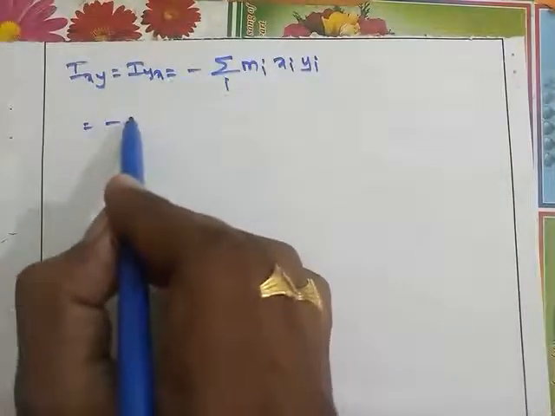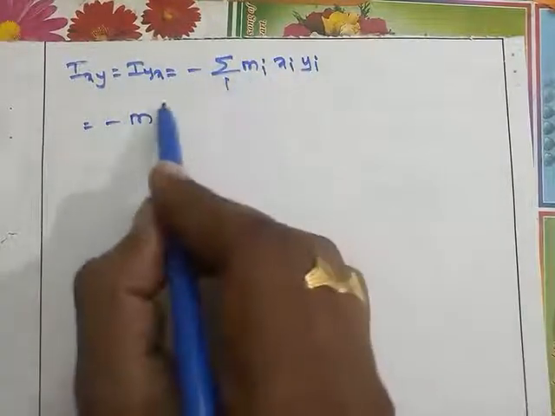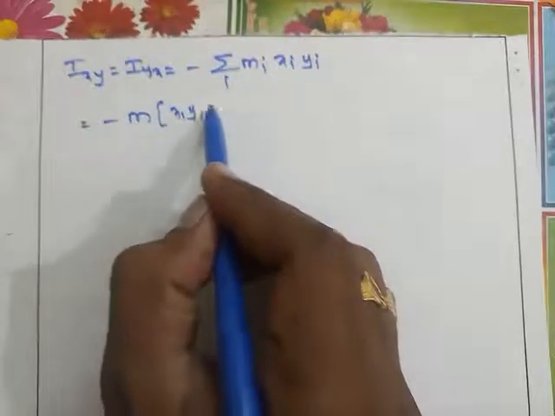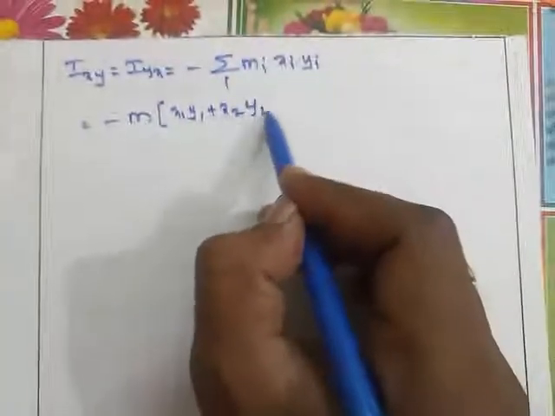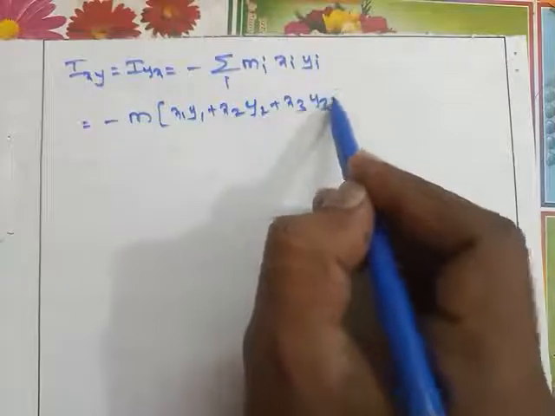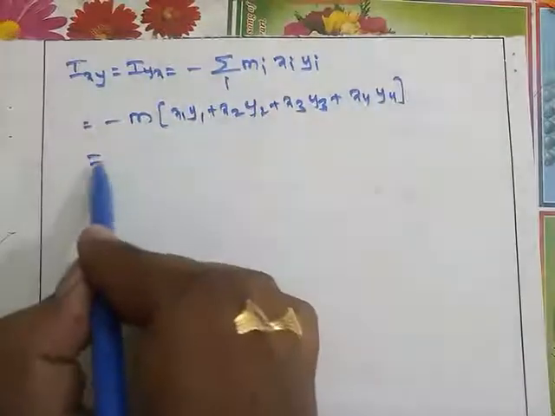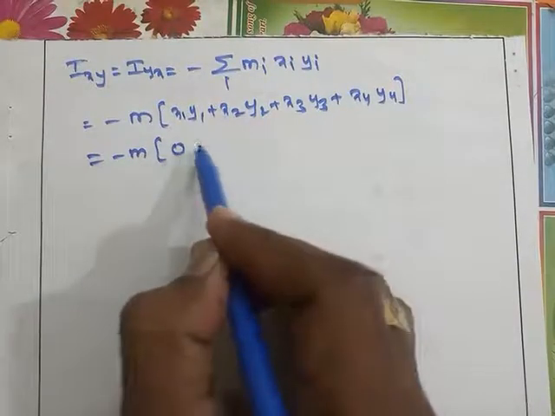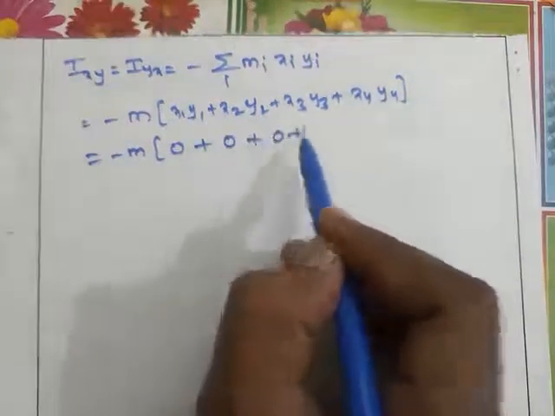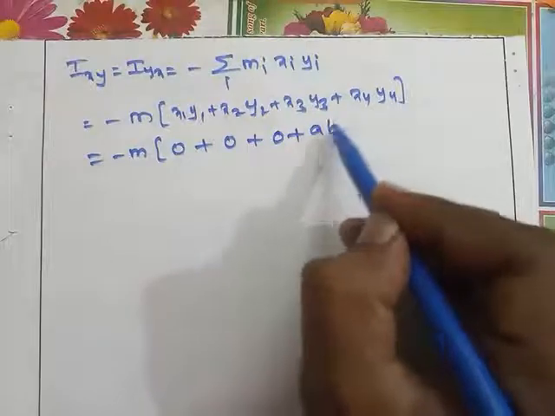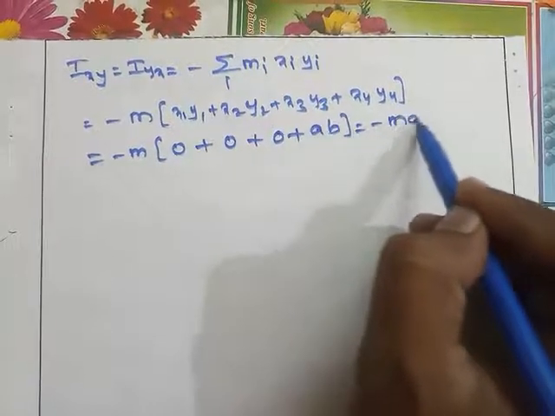Substitute, write m outside and expand that function, we get x1 y1 plus x2 y2 plus x3 y3 plus x4 y4. Here we get minus m into 0 plus 0 plus 0 plus ab, that is equal to minus m ab.